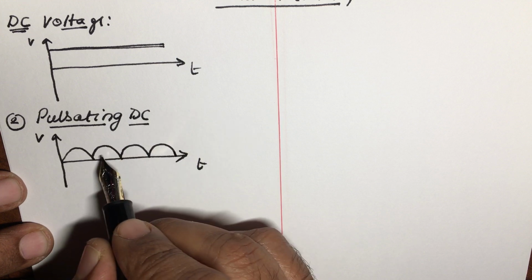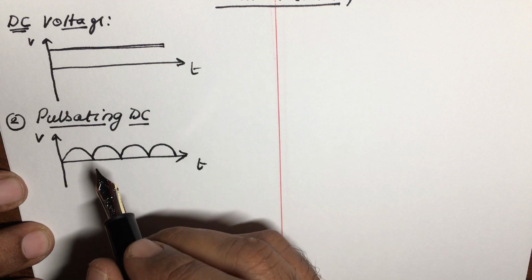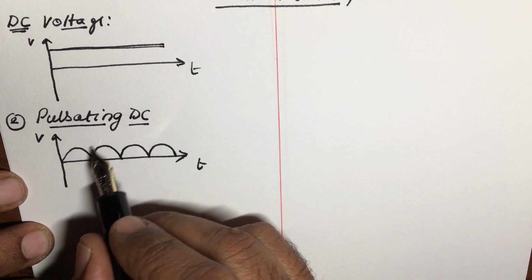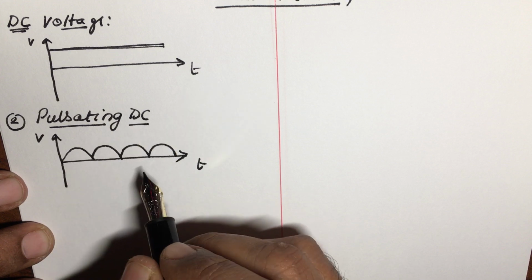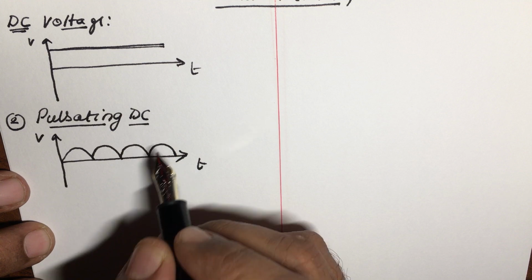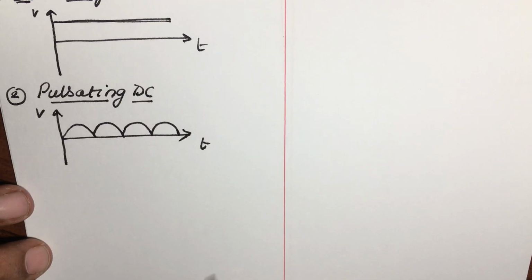Even if one of the alternate cycles are not there, even then it is a pulsating DC. Why is it a pulsating DC? Because you only have variation in the positive quadrant. There is no variation in the negative quadrant. So that is why it is called a DC, and because it is varying, you call it a pulsating DC.